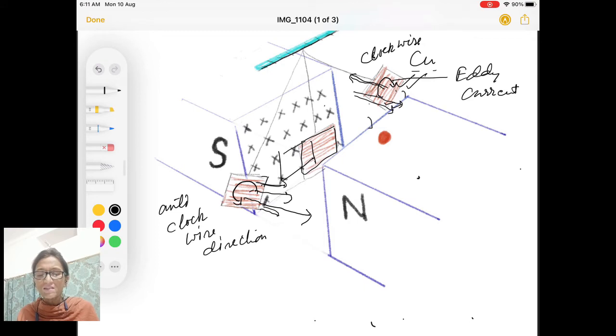Here again, the velocity of the copper plate going out is reduced, so motion is damped at two places, and finally you will find that the motion dies out. So this is the example. This is how eddy current can be shown.